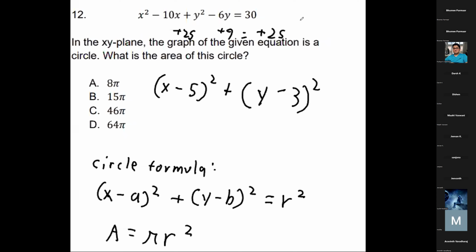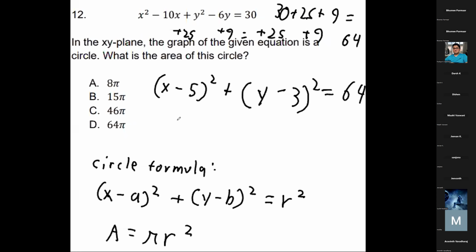And on the right side, we would also do plus 9. So 30 plus 25 plus 9 is equal to 64.